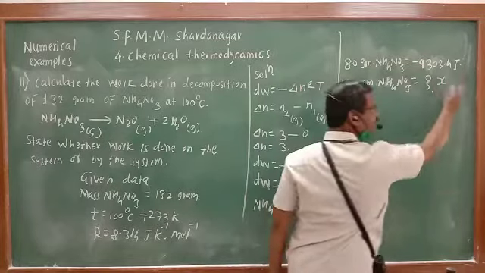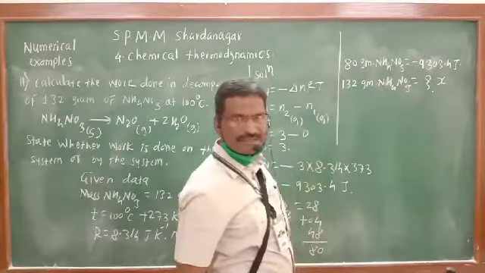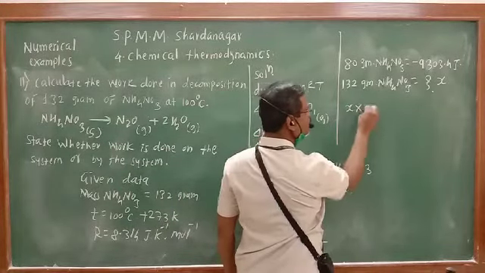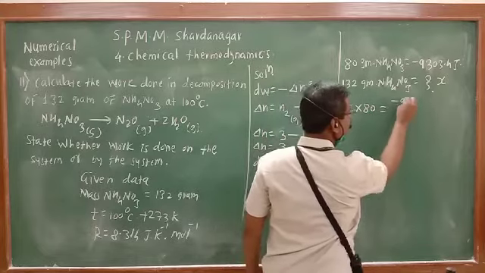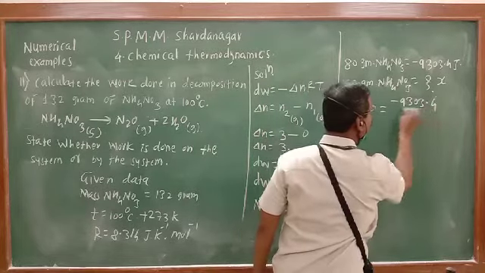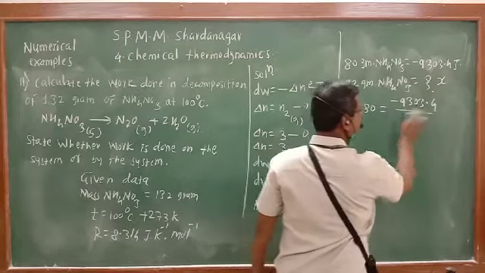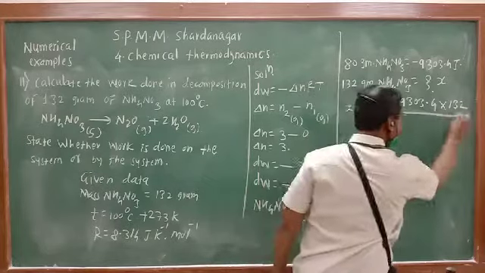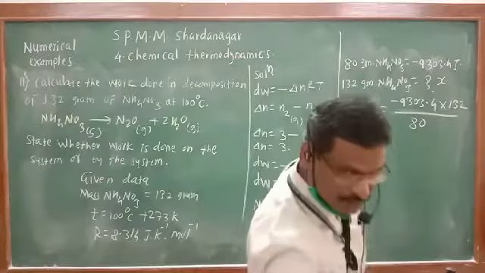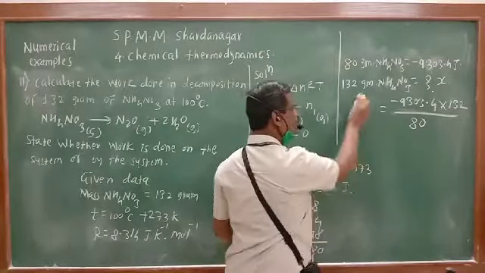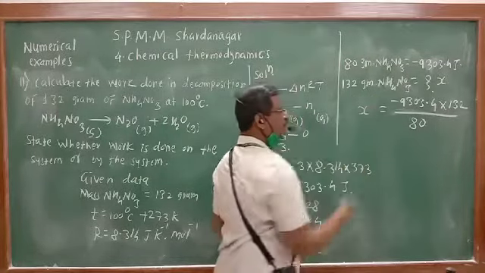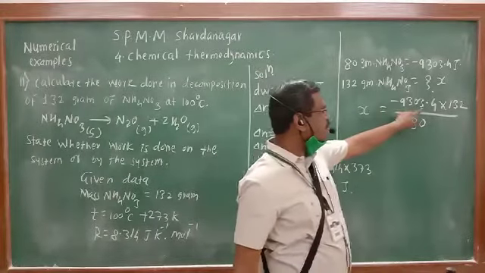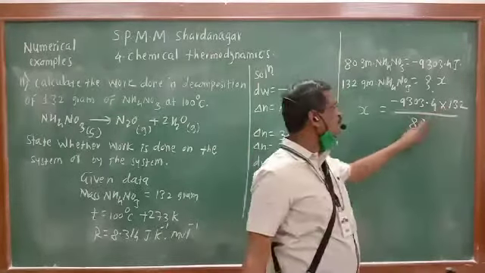Let us consider this as X. Doing the cross multiplication, we can find the value of X. So X into 80 will be equal to minus 9303.4 multiplied by 132, and 80 taken on the right side, so that this 80 can be now cancelled. So X, doing cross multiplication, will be minus 9303.4 into 132 divided by 80.